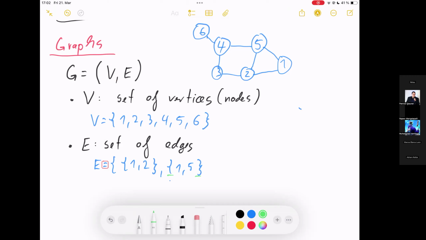Later we will have graphs with directed connections. And I want you to complete now E and send this to everyone in the chat, what the completed E would look like for this sample graph.